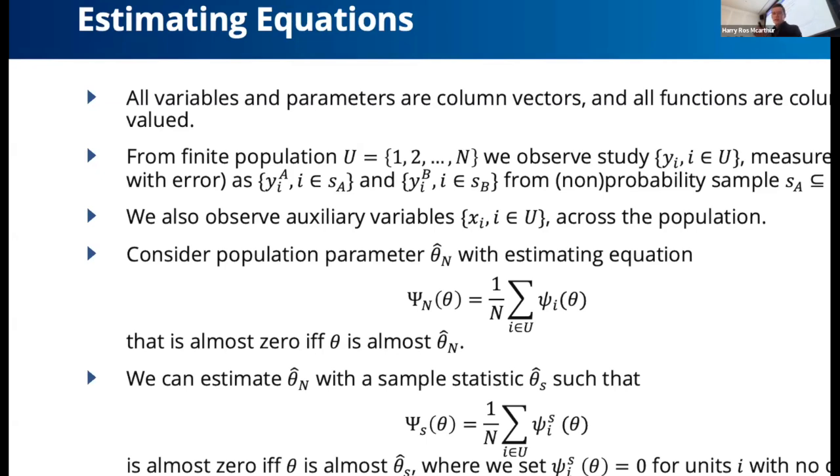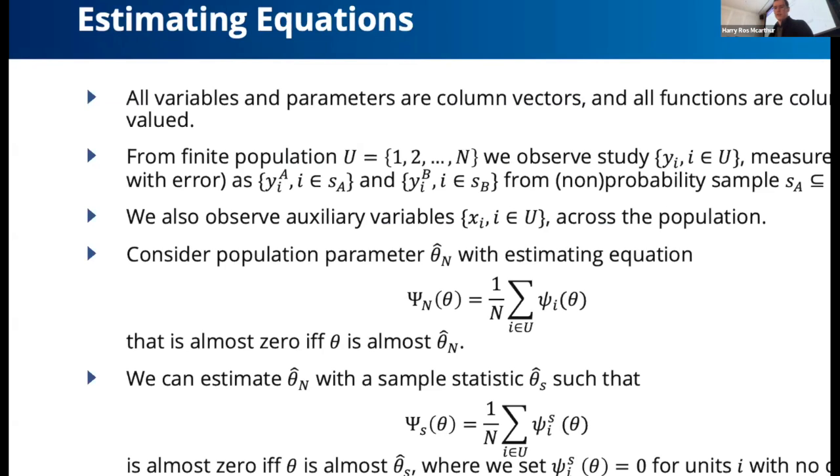So here we just have a sample estimating equation that we can set to 0, solve for theta, and obtain the statistic that we're interested in. And here it's the sample estimating equation because we're going to set the summand to 0 for units with no observed variables.